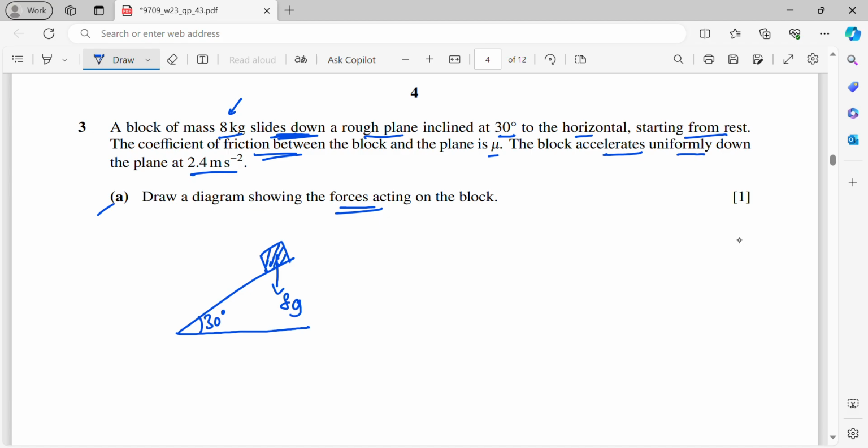So that means your motion is sliding down, so the frictional force is upwards. So F_r equals mu R, whereby R is the normal reaction. Okay, so this is the diagram that's showing the forces. Alright, done for the first part.